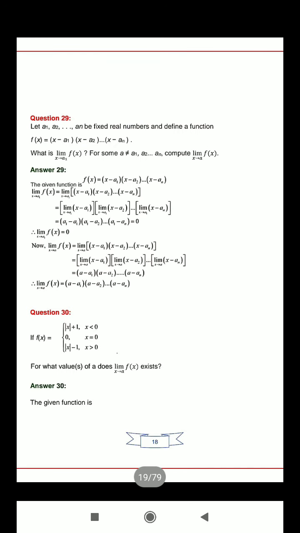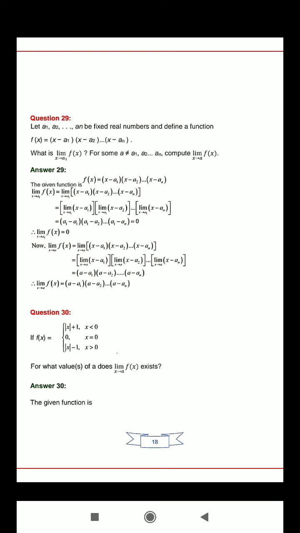Question number 29. Let a1, a2 up to an be the fixed real numbers and define a function f(x) is given as (x minus a1)(x minus a2) up to (x minus an). What is the limit x tends to a1 of f(x)?